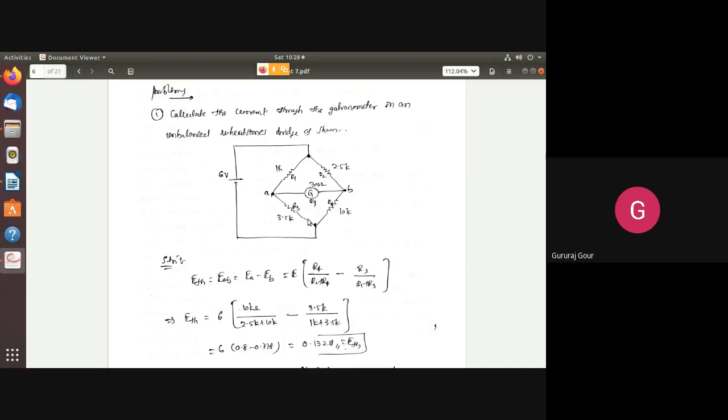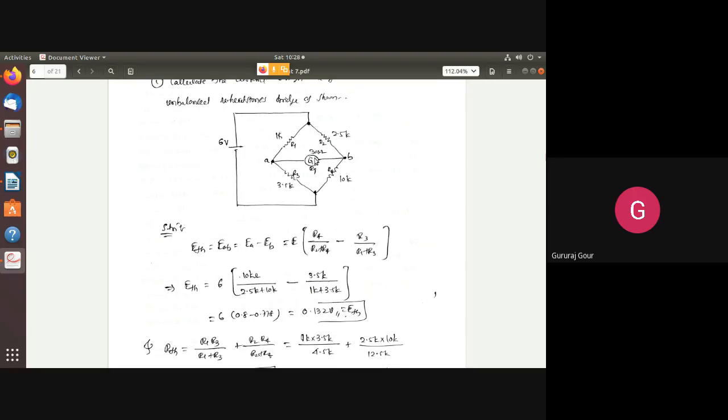Now let us take the problem here. Calculate the current through the galvanometer in an unbalanced Wheatstone bridge. The values are given here, with a 6 volt DC supply.